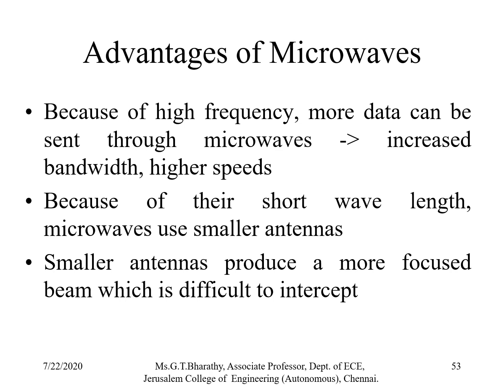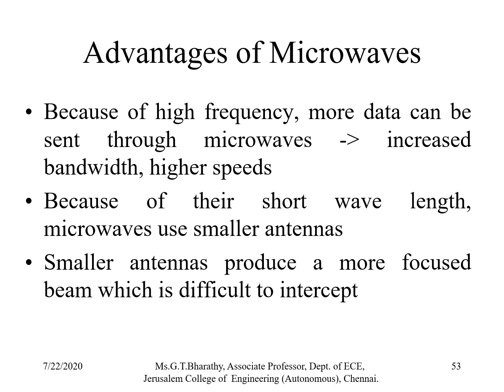We will move on to the advantages of microwaves. So because of high frequency, more data can be sent through the microwaves. So increased bandwidth and higher speeds is available in the microwave frequencies. Because of their shorter wavelength, microwaves use smaller antenna. We know that frequency and wavelength are inversely proportional to each other.